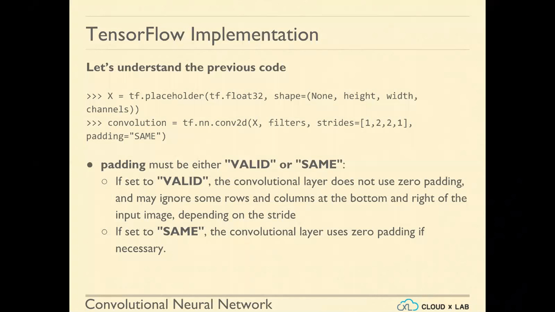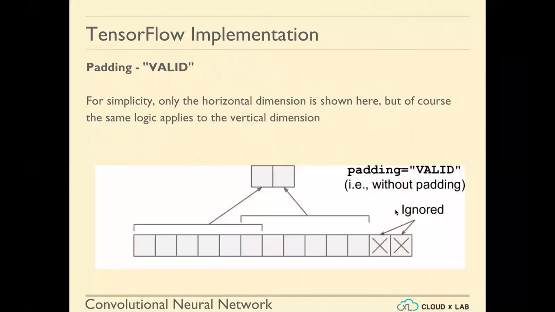If set to same, then the convolution layer uses zero padding if necessary. If, when moving, it has to go beyond the edge, then it's completely okay, and it puts zeros in instead of just ignoring those parts. Since while moving the input receptive field, if we have a stride such that we don't cover everything, we might miss some of the input data.